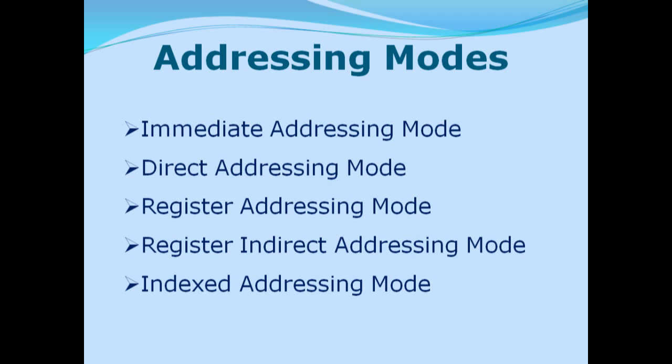Then the third addressing mode, that is register addressing mode. Here the required data is available in one of the registers, that is R0 to R7. Then we have register indirect addressing mode, wherein a register stores the address of a memory location where data is available. Then finally we have an indexed addressing mode, in which we have a base and offset addressing method, where register A, that is the accumulator, is used as an offset register, and DPTR, that is the data pointer, is used as a base address register.